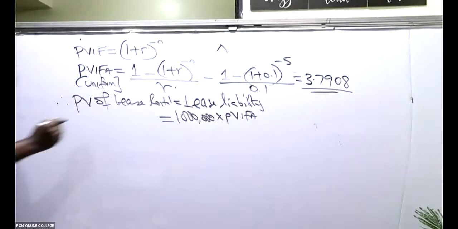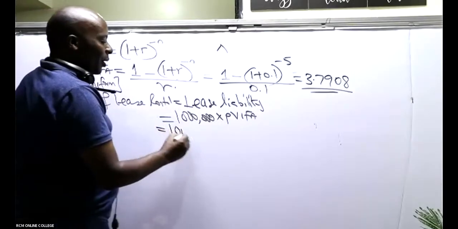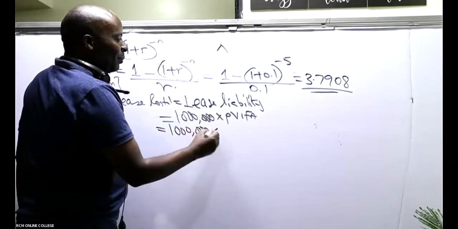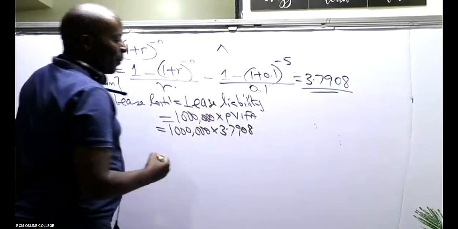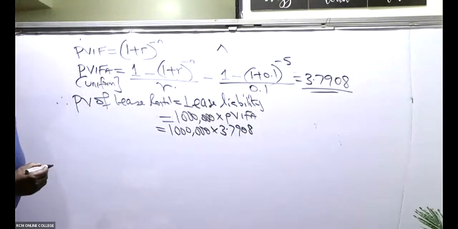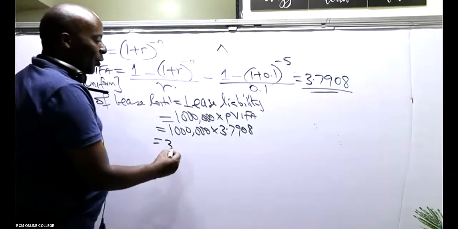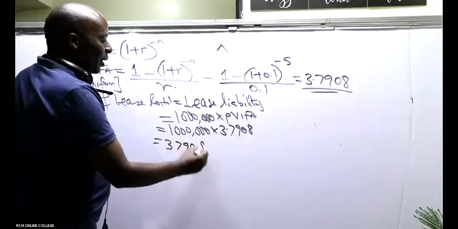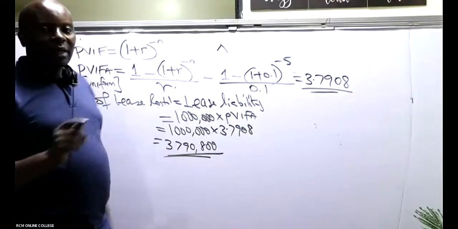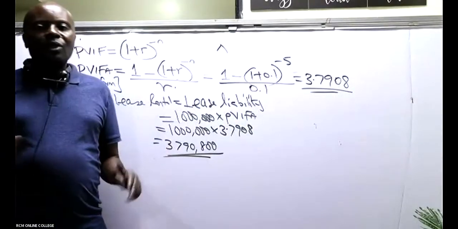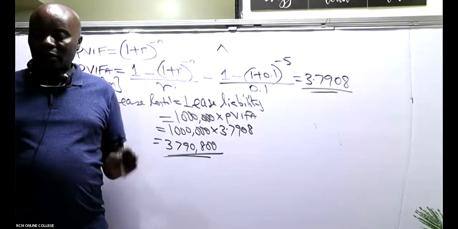So then this one here will be $1 million, which you are paying every year, times PVIF of 3.7908. Which will be the same as 3,790,800 Kenya shillings. So this is what you owe this gentleman, the landlord, in total, having discounted.